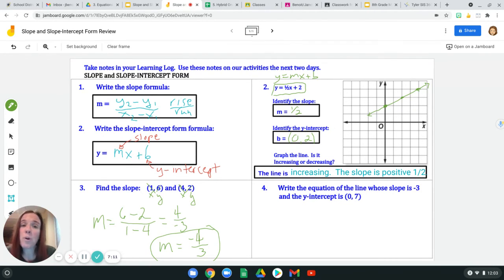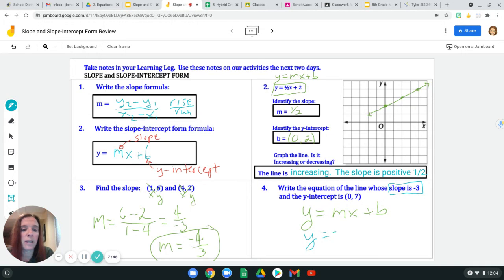One more ask we're going to have of you as we review is to be able to write an equation when you're given the two things. Write the equation of the line whose slope is -3 and whose y-intercept is 7. Again, start by writing slope-intercept form, and then it just becomes a game of substitution. Can you substitute the parts in? Y doesn't change. M is slope, and we said slope is -3.